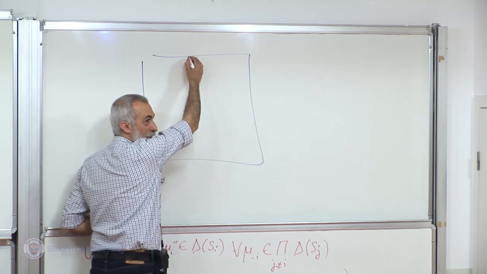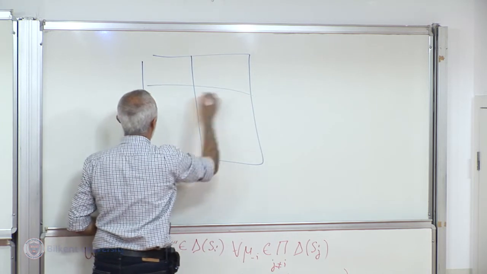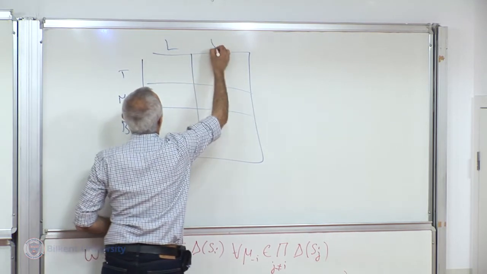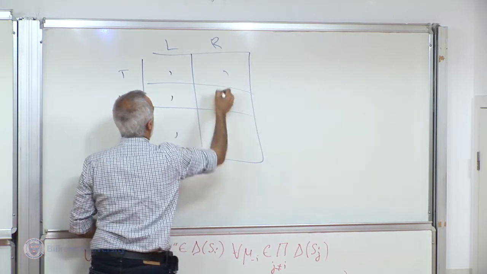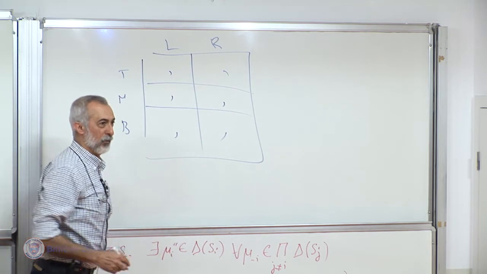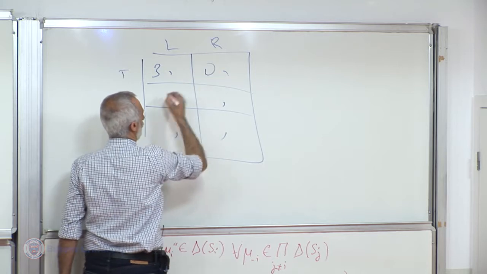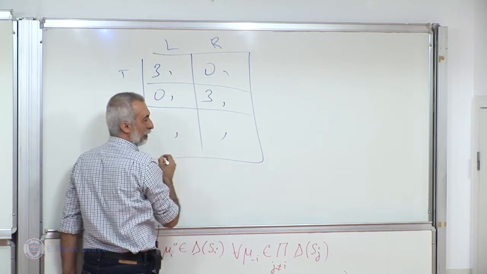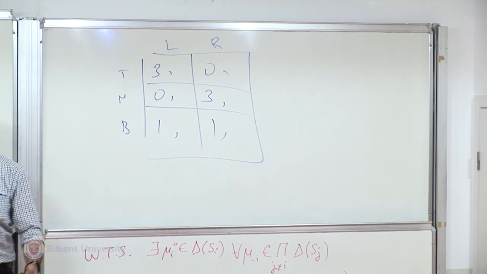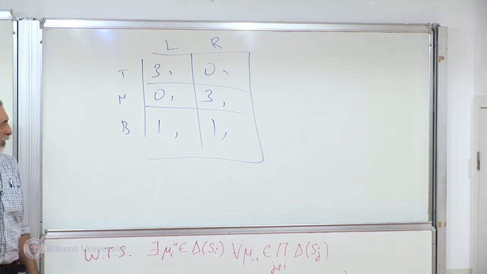Player 2 has 2 strategies. Player 1 has 3 strategies. Good. Top, middle, bottom, left, right. So actually, we only care about player 1. Actually, I think this was an example we did in class, right? Okay.